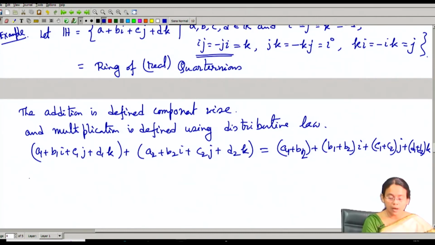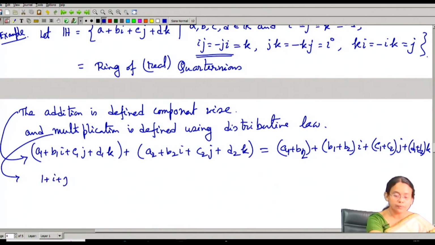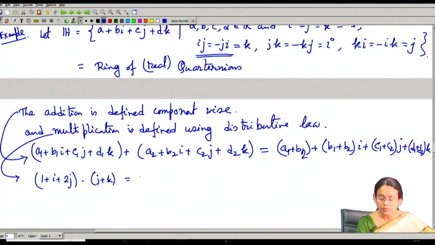For example, if I consider 1 + i + 2j and multiply it with j + k, then using the distributive law, this is 1 times (j + k) plus i times (j + k) plus 2j times (j + k).